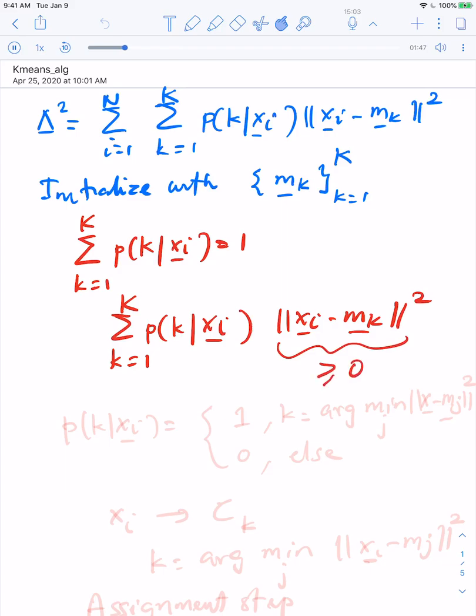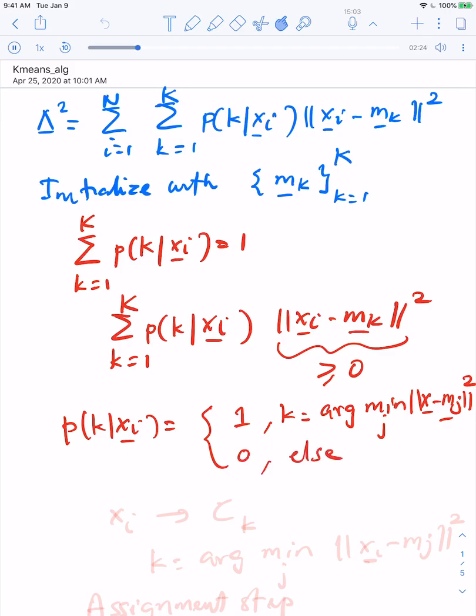What would you assign it to be? Where would you assign it? Well, you would assign all your weight to the smallest possible contribution, right? So immediately you know that this has to be essentially a deterministic assignment. The way I've set it up, it is basically 1 for the k that minimizes this, so arg min over j of xi minus mj squared, and it's 0 for all other k.